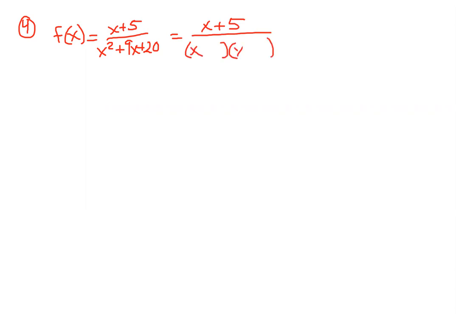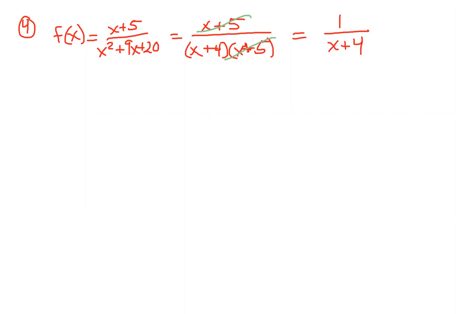What multiplies to give you 20 and adds to give you 9? 4 and 5. And now you can see that we can cross off the x plus 5. So our function becomes 1 over x plus 4. We simplified it down to that.